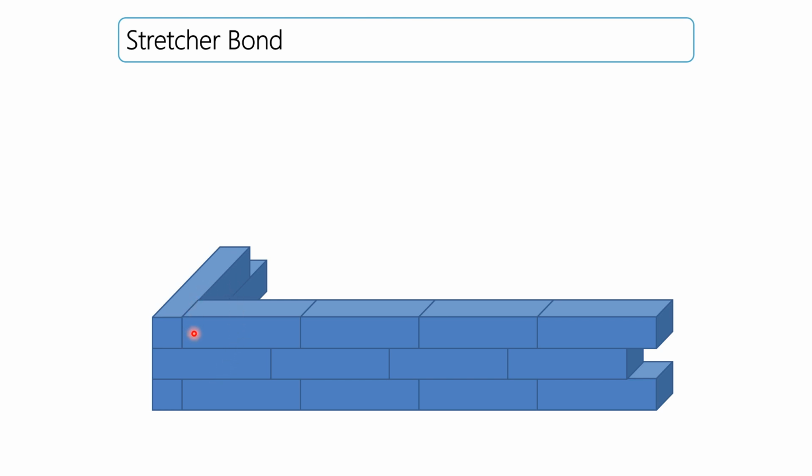This is stretcher bond. The bricks are placed along their longitudinal side. Here you can see the joints are at alternate positions, so this is called stretcher bond.